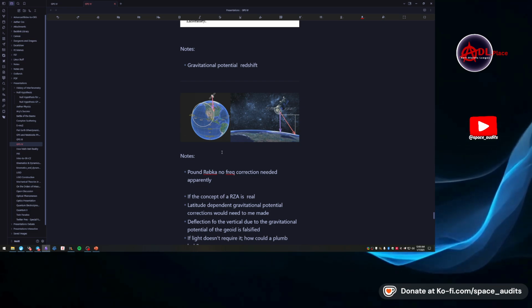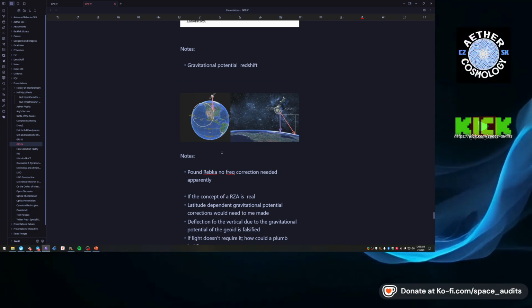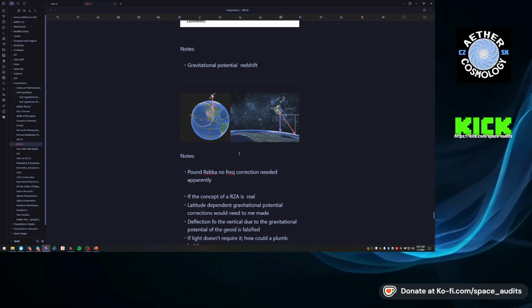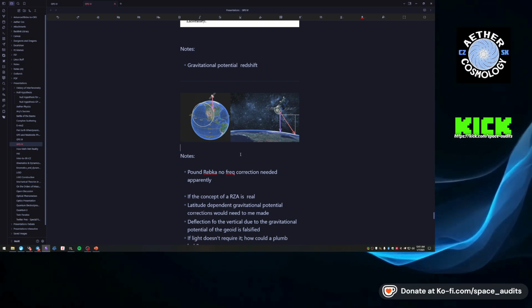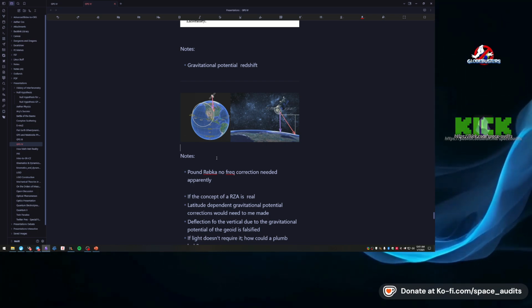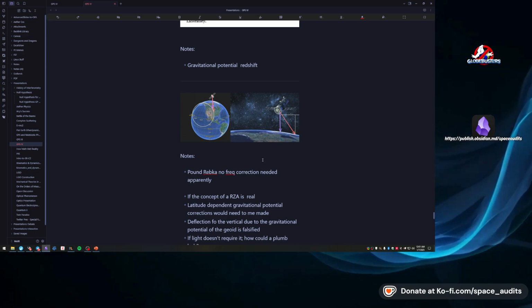And because of that oblateness, there's an equatorial offset between the equator and the North Pole, such that they can just use a uniform gravitational correction and treat it all at the same altitude, even though it wouldn't be considered that way on their model.